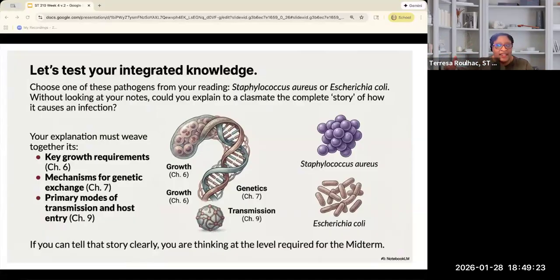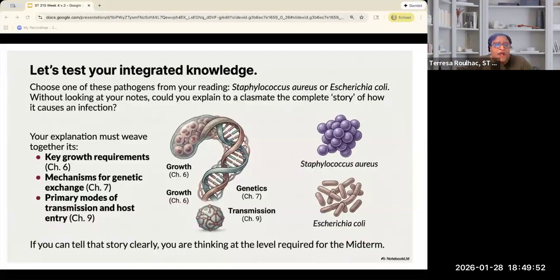By just what you're saying, I can tell this is the one they're thinking about, and this is how you get comfortable with the subject matter. There are some pathogens we're going to be talking about until the end of microbiology. These are two of them, Staphylococcus aureus and Escherichia coli. We look at Streptococcus pyogenes and a couple of others that repeat because they affect more than one system.